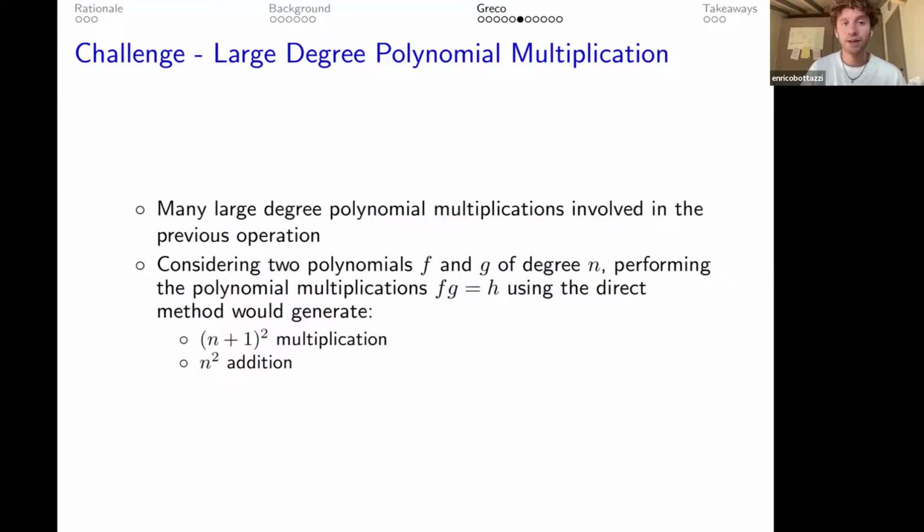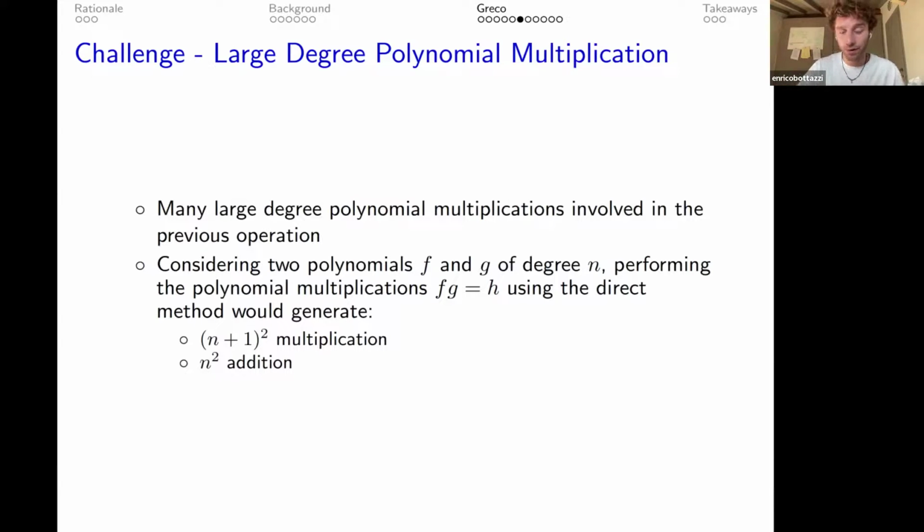Another challenge that we have is to perform a large degree polynomial multiplication. We defined the polynomial ring before, but we never really said how big this ring is, how big is the n at the exponent of the denominator polynomial.